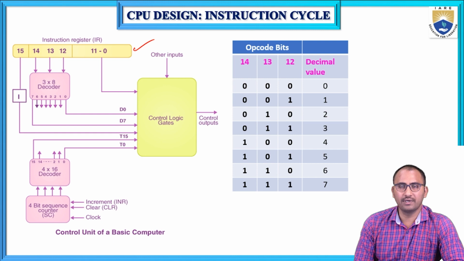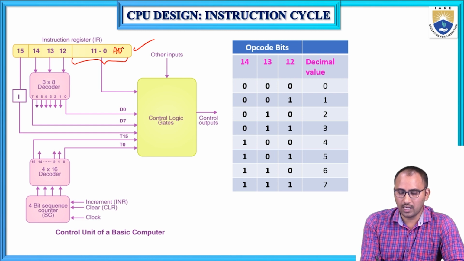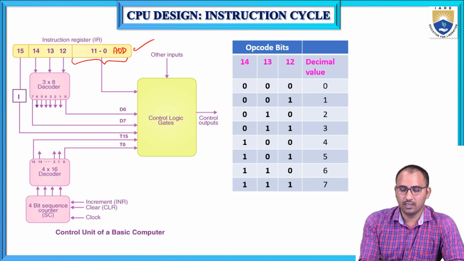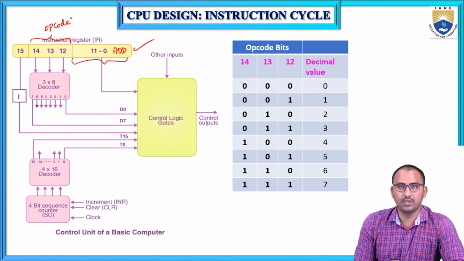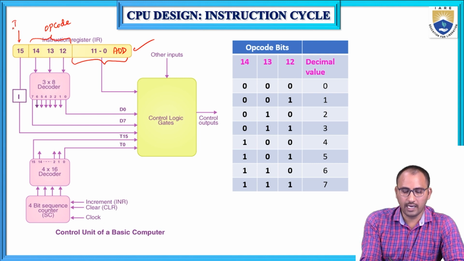Bits 0 to 11 represent the address field. Then bits 12, 13, 14, these 3 bits represent the opcode field. And the last one is the indirect bit, I.